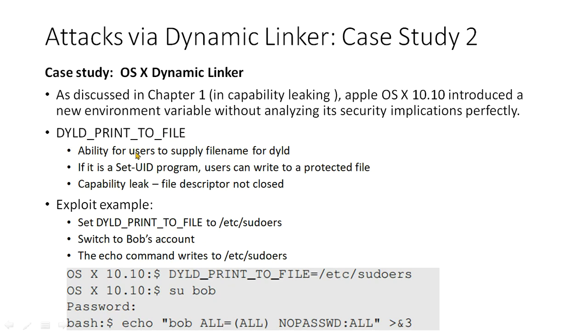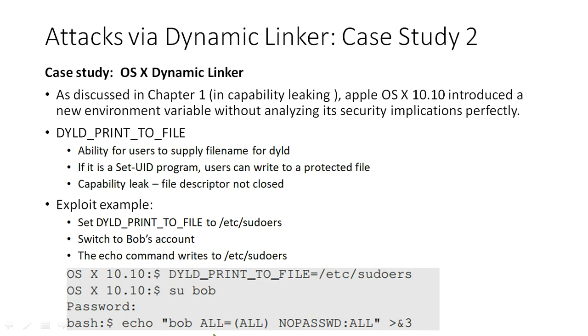The problem is that this dynamic linker is a setuid program, and when it prints out to this file, it doesn't close the file. So the file is still open, and if we know the file descriptor, we can write to that file.